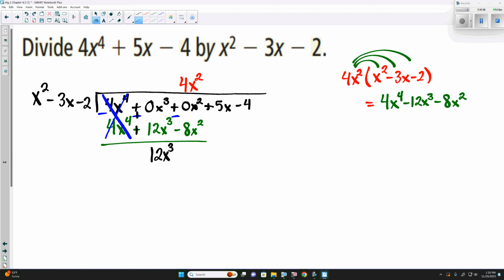Our 0x squared minus negative 8x squared is plus 8x squared, yes, because again, negative and negative make a plus. Our next step would bring down the plus 5x.